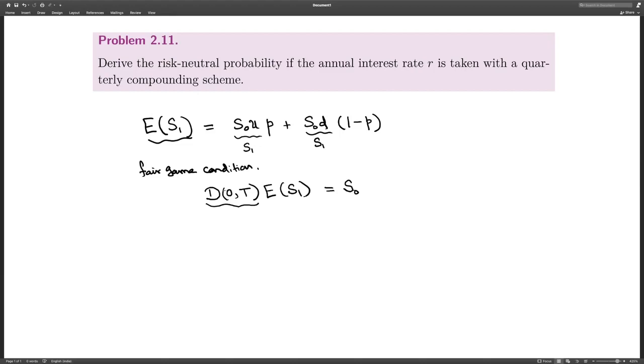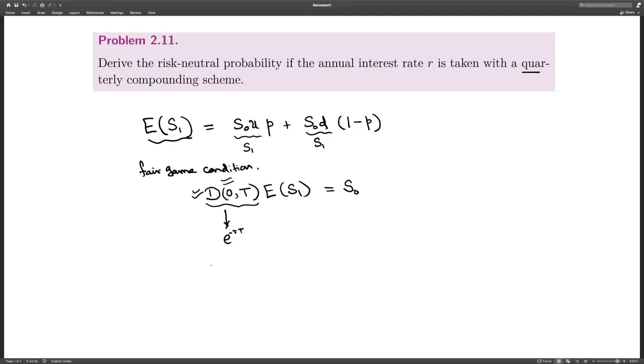So this is the condition. Now the question here is, what is this discount factor? That's all the question is. In the class, we took this discount factor to be e to the power minus rT. Why is it so? Because we did it for continuous compounding. The same is asked for the quarterly compounding scheme, and therefore you have to correspondingly put the discount factor. You know what it is, so I will leave it to you to do that.